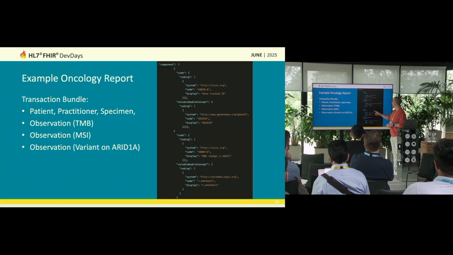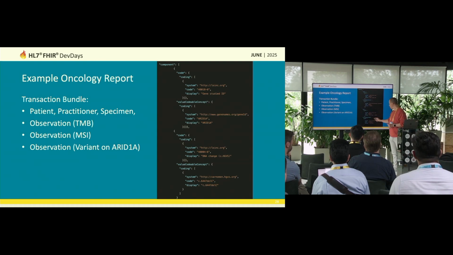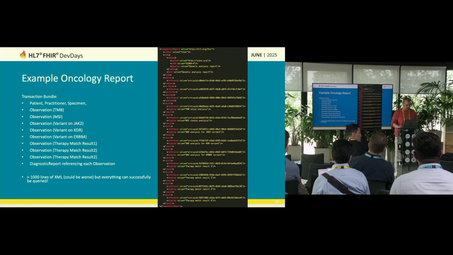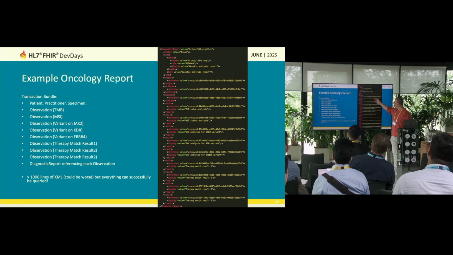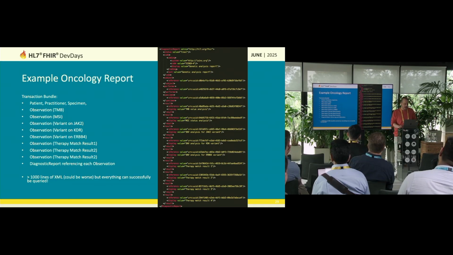Then we have the variant of ARID1A. We have a DNA change here, also coded with the appropriate LOINC code. And as I mentioned before, a deletion at a certain position. So all this together, these are other results, just an overview. You have the diagnostic report pointing to all of these observations most of the time. This altogether forms the genomic report.